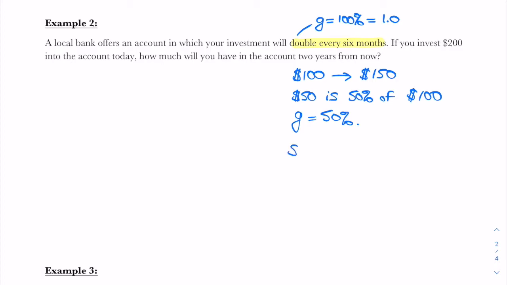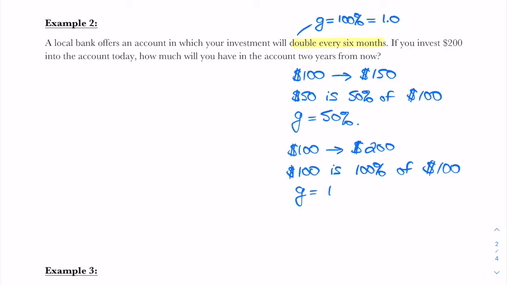So you had $100 and it magically becomes $200. So your money increased in this case by $100. But $100 is 100% of the initial $100. So when something doubles, the growth rate is 100%.